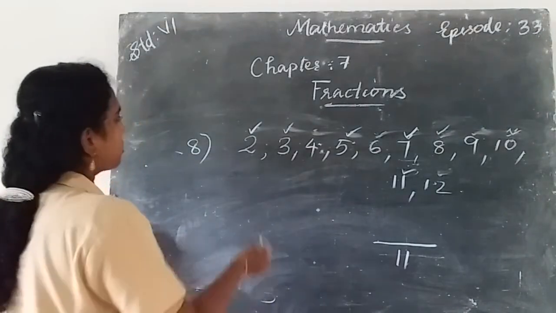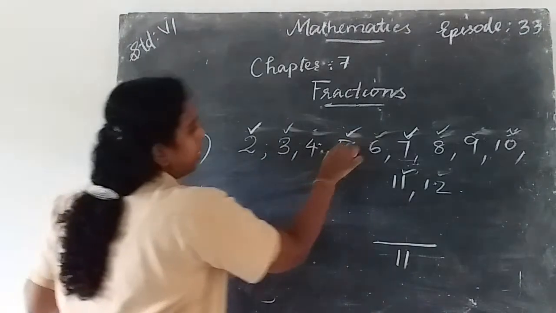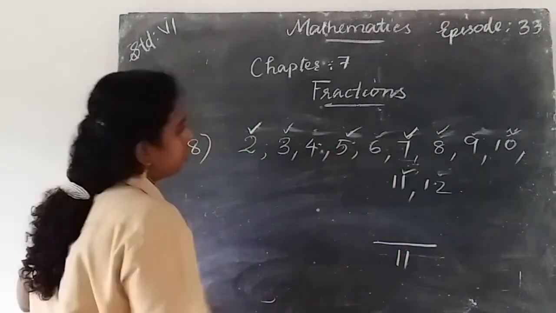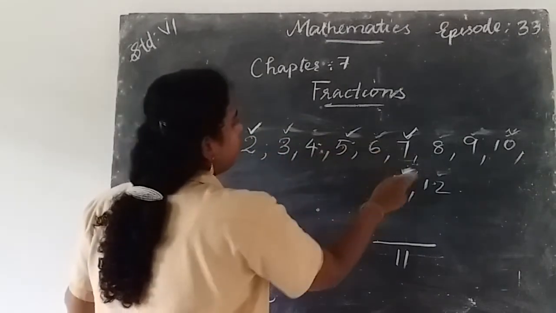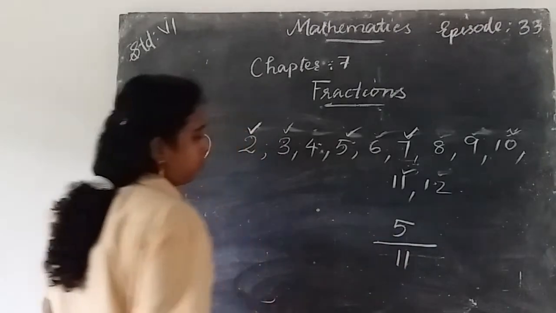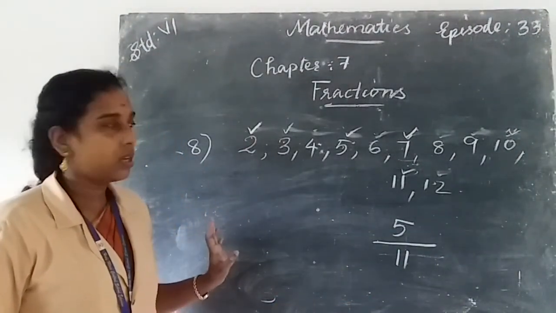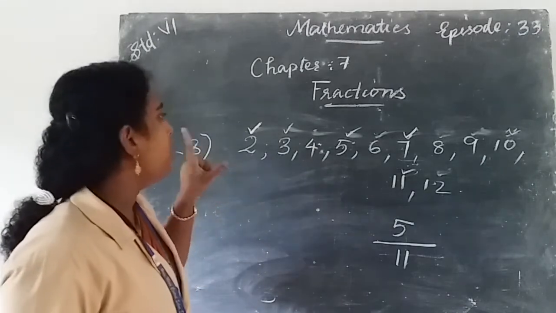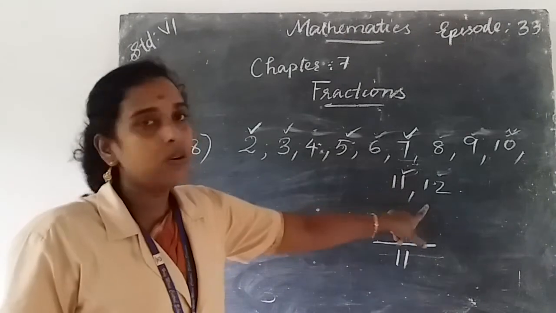And how many prime numbers are there? 1, 2, 3, 4. Sorry, 4 is not a prime number. 1, 2, 3, 4, 5. 5 prime numbers are there. So write 5 as the numerator. So 5 by 11 is the fraction. So first we write the natural numbers from 2 to 12.